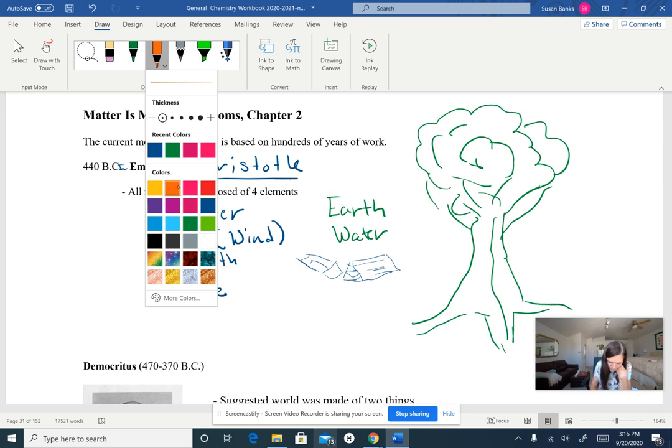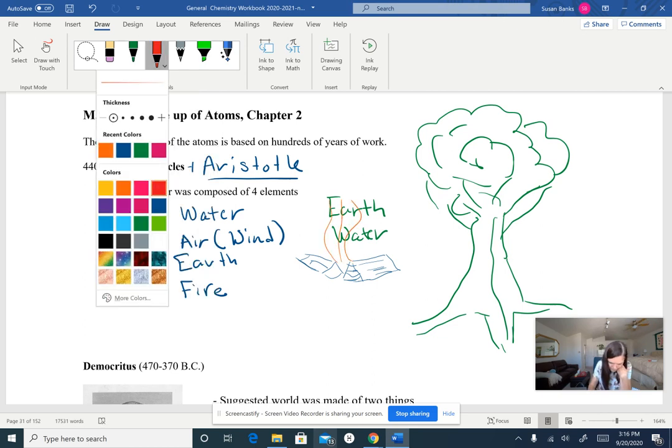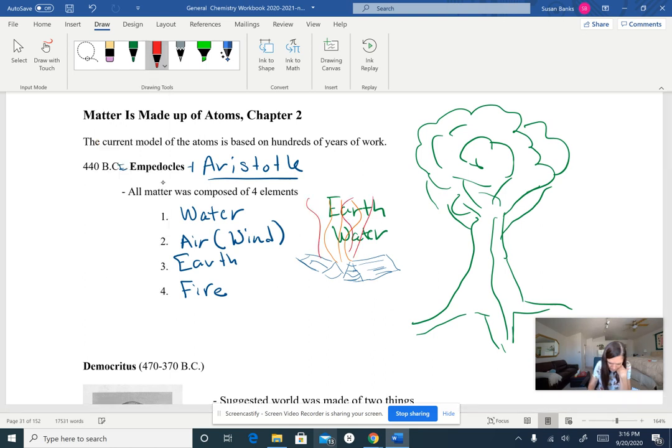Let's get some fire going here. We need some yellow here in the middle. If I burn that wood, I get fire out of here as well.